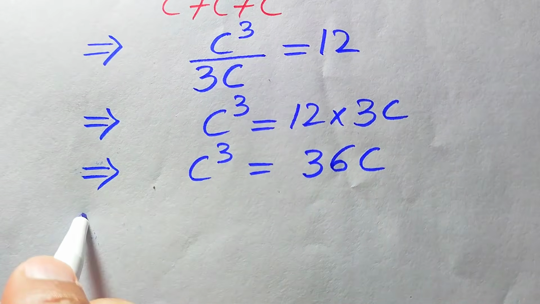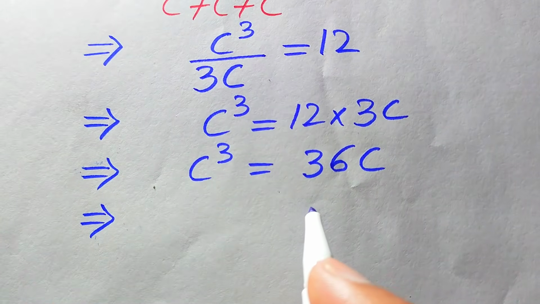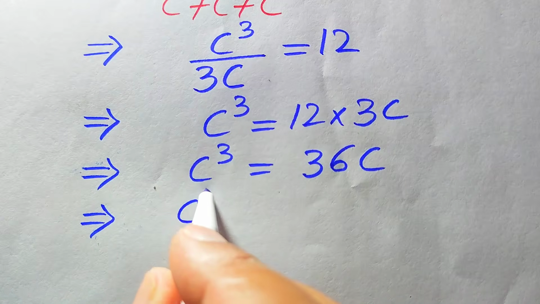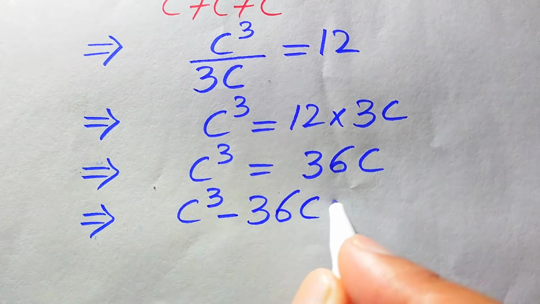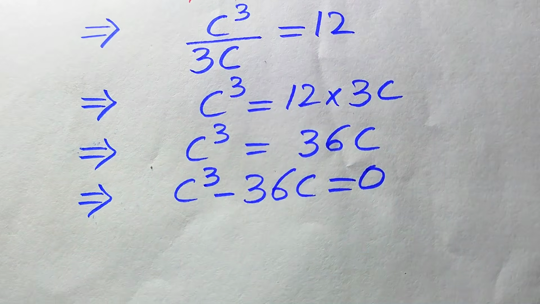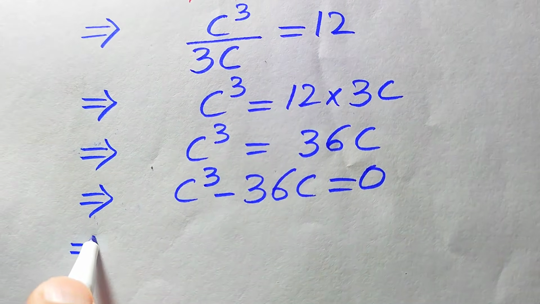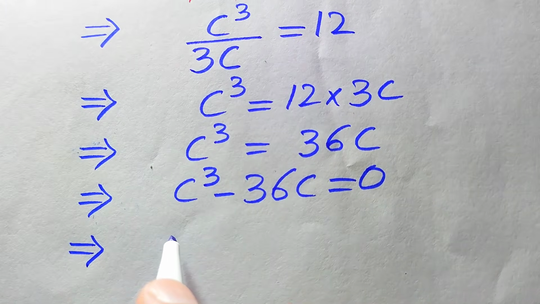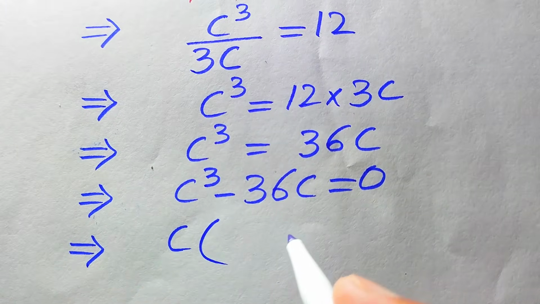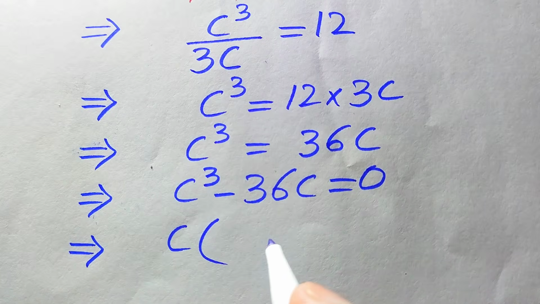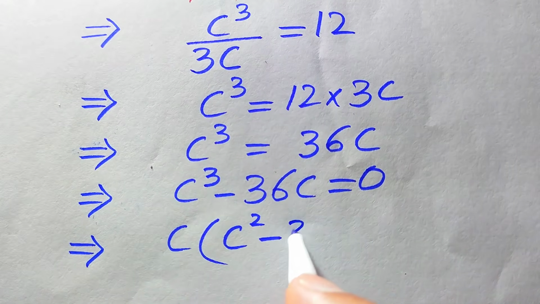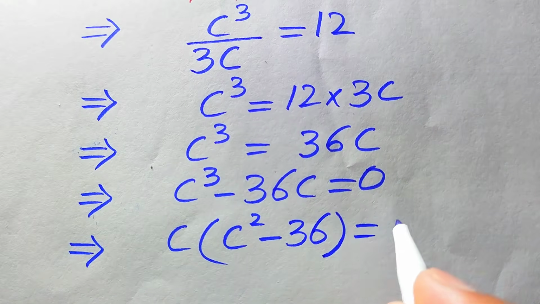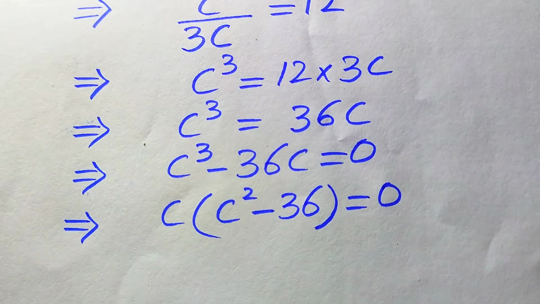Now in the next step we move the term 36c from the right hand side to the left hand side, and we get c cubed minus 36c, and this whole equation is equal to 0. Now you see that each of these terms involves c, so we take c common from here, and when we take common c the remaining terms are c squared minus 36, and this whole equation is equal to 0.